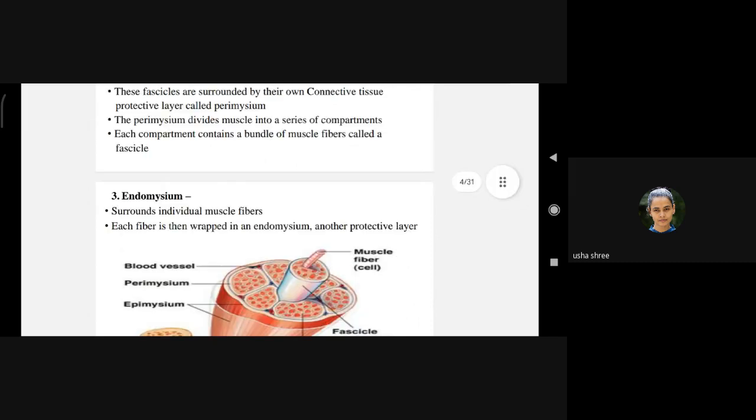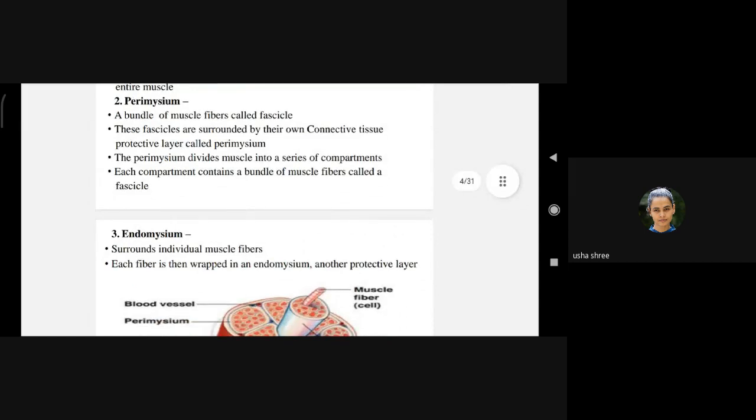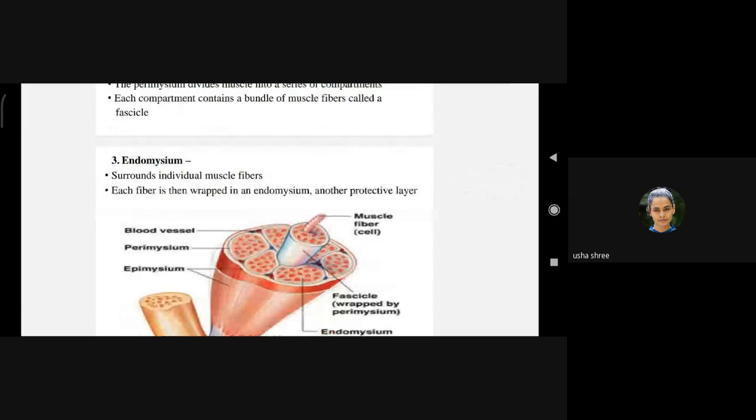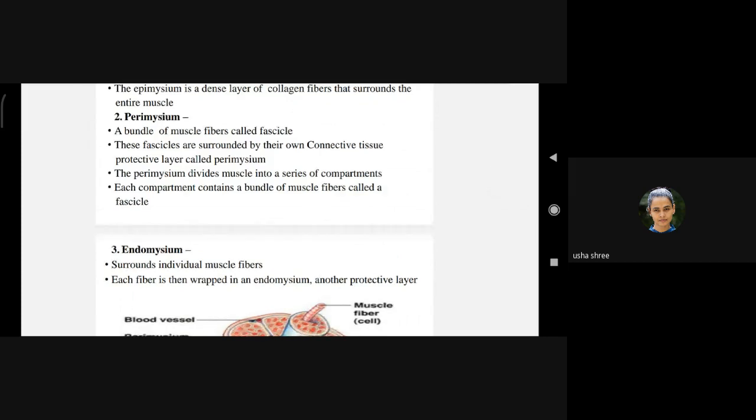So let's talk about perimysium, a bundle of muscle fiber called fascicle. Like you can see here, when muscle fibers are grouped together, a bundle is formed, that is called fascicle. So this fascicle is covered by perimysium. These fascicles are surrounded by their own connective tissue protecting layer called perimysium.